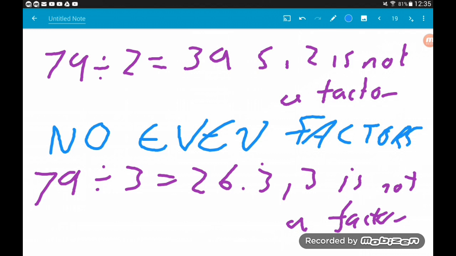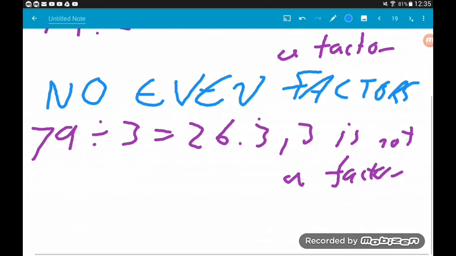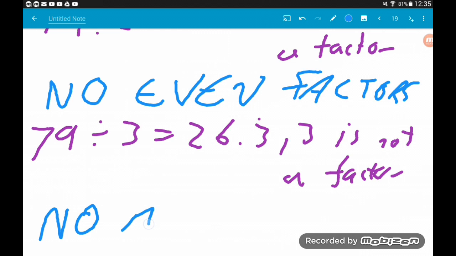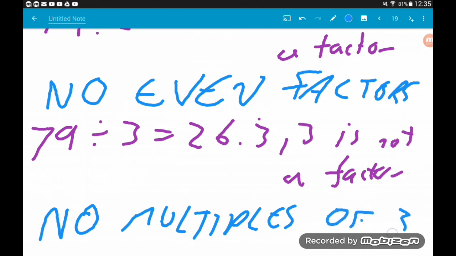If 3 is not a factor, then 6 cannot be a factor. 9 cannot be a factor. Again, if 9 was a factor, 3 would have to be a factor because 3 goes into 9. So, we now know then, no multiples of 3 can be a factor. So again, that's ruled out quite a nice chunk.